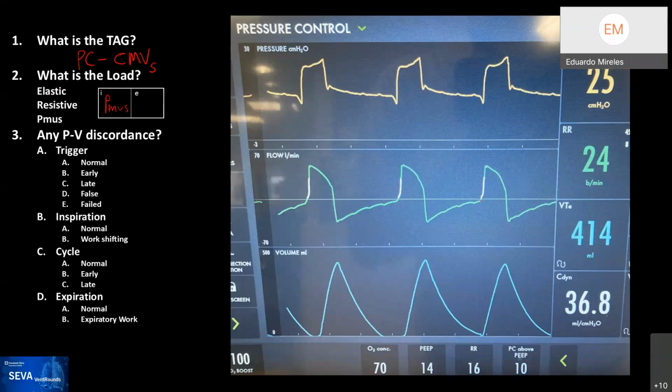Actually, there may be some PIMAXs too on the expiratory. The trigger, whenever there's a drop in the pressure correlated with the increase, let's say trigger is around the same time, so I'm going to call it normal. And duration, there is some more fitting. When it comes to the cycle, I think the cycle is normal.